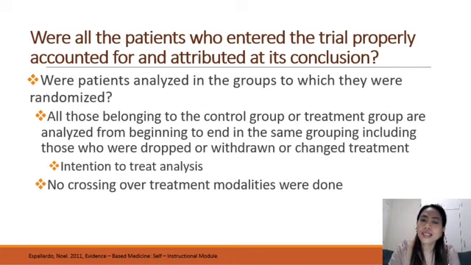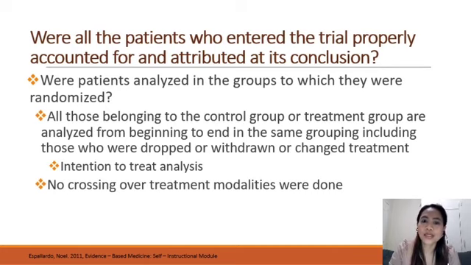The second sub-question is, were patients analyzed in the groups to which they were randomized? We need to determine if all those belonging to the control group or treatment group are analyzed from beginning to end in the same grouping. This is essentially what an ITT analysis does. Thus, if it was done in the article, we could answer yes for this question.